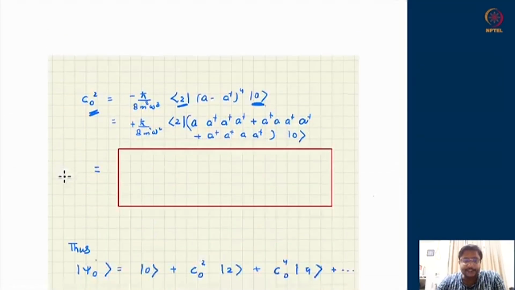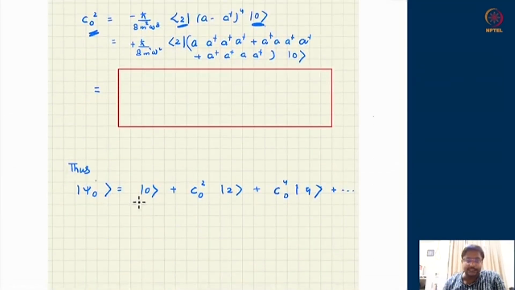So we learned that the ground state becomes the unperturbed ground state plus the first order correction, C02 coming with the second excited state, which is still at order lambda. All these things are at order lambda itself. They are coming with coefficients C02, C04 and so on. C01, for example, is 0 as we computed. C03 is also 0. You were given a task of finding out what C02 is. The computation is simple.